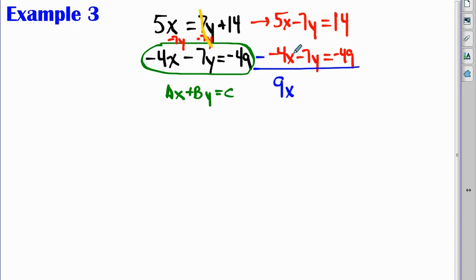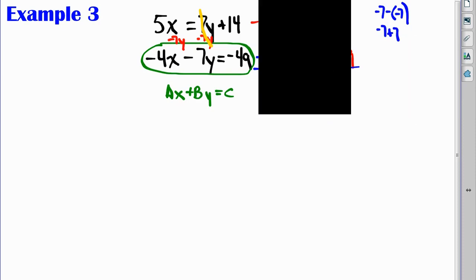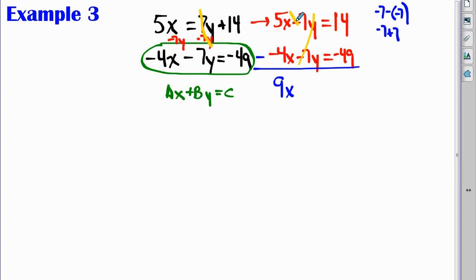Now, negative 7 minus negative 7 does equal 0, because that's another way of saying negative 7 plus 7, which we know is 0. So that does cancel or eliminate. And then we're left with equals 14 minus a negative 49. That's the same thing as 14 plus 49, which is 63.